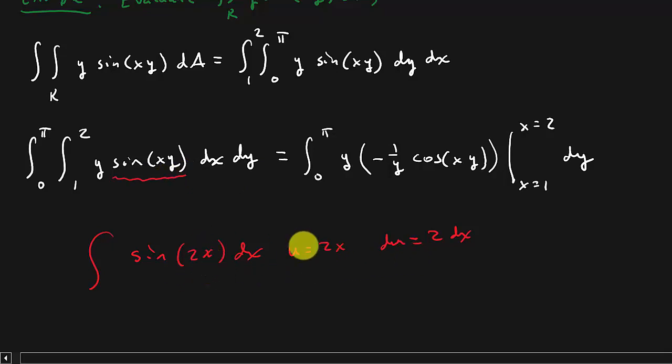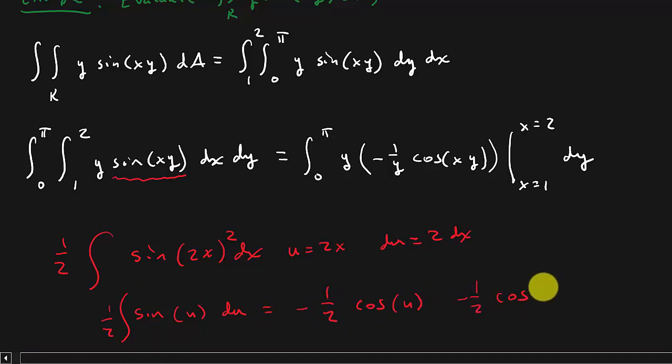So u would get replaced with the 2x, and then I need a 2 dx, but I only have a dx, so I need to multiply by 1/2. That'd be 1/2 sine u du, and so that's negative 1/2 cosine u, which would be negative 1/2 cosine, and you plug the 2x back in. Okay, that's the long way about it.